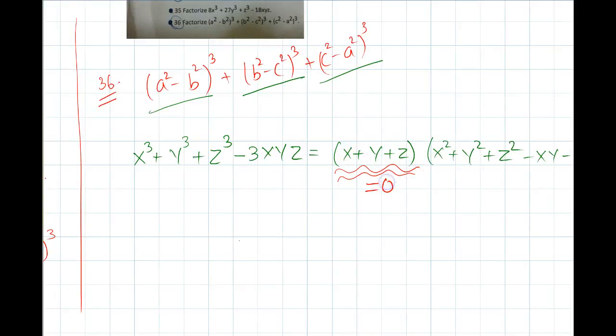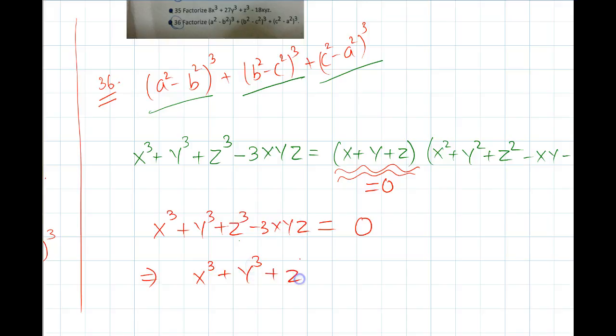If x plus y plus z is equal to 0, the entire right hand side, the longer part, becomes 0. And then we can say that x cube plus y cube plus z cube minus 3xyz is equal to 0. And from here I can say that x cube plus y cube plus z cube is equal to 3xyz, and the condition for that is x plus y plus z must be equal to 0.